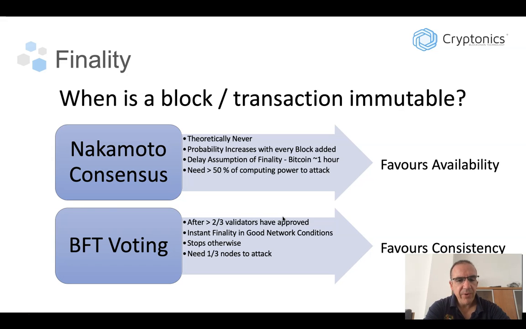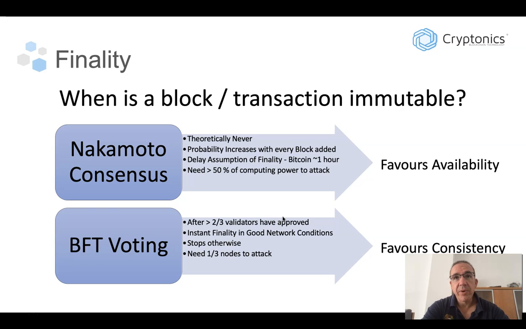And in BFT voting, a block can be considered final once we have gone through this round of voting, which means that more than 2/3 of the validators have approved the transaction, the block, and then it's included. And this means in that moment we have instant finality, and in good network conditions this works really well.